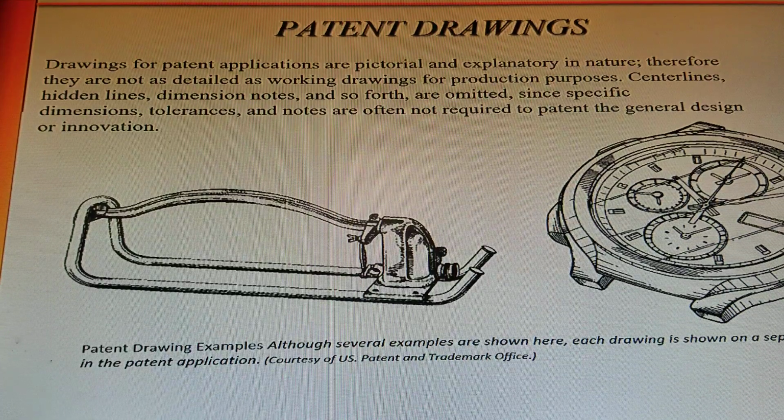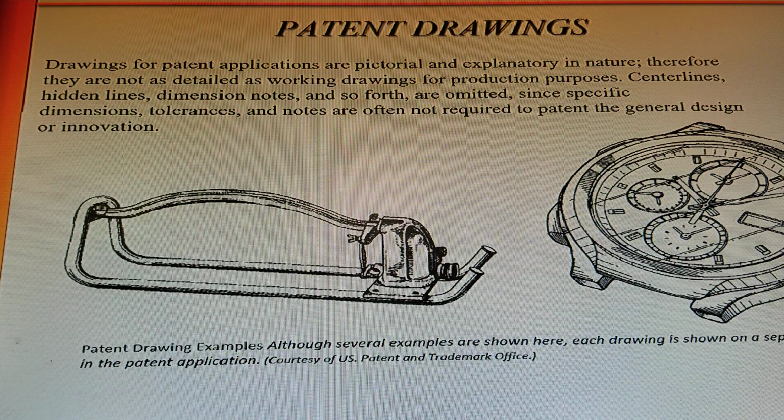Okay, the last slide in this, and probably the last slide for this class, is patent drawings. We're going to talk about patents for a few minutes. Drawings for patent applications are pictorial and explanatory in nature.